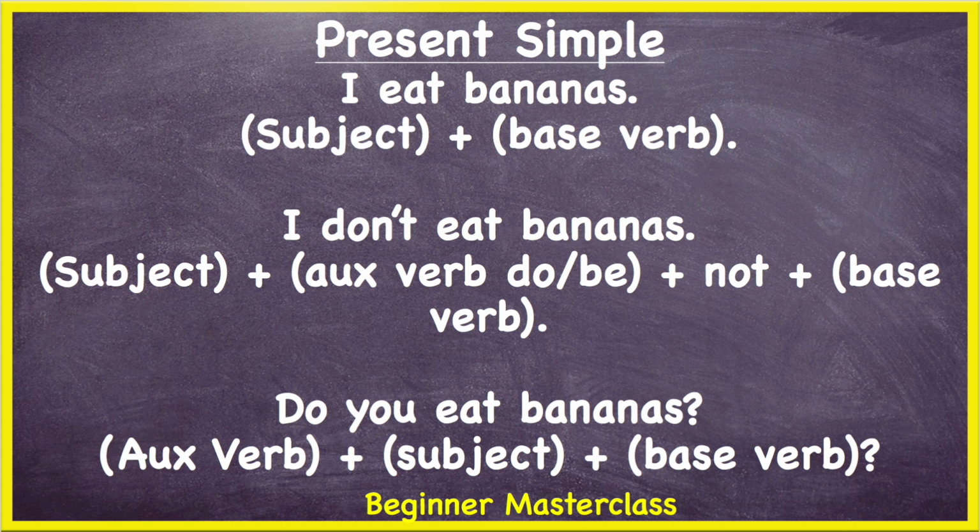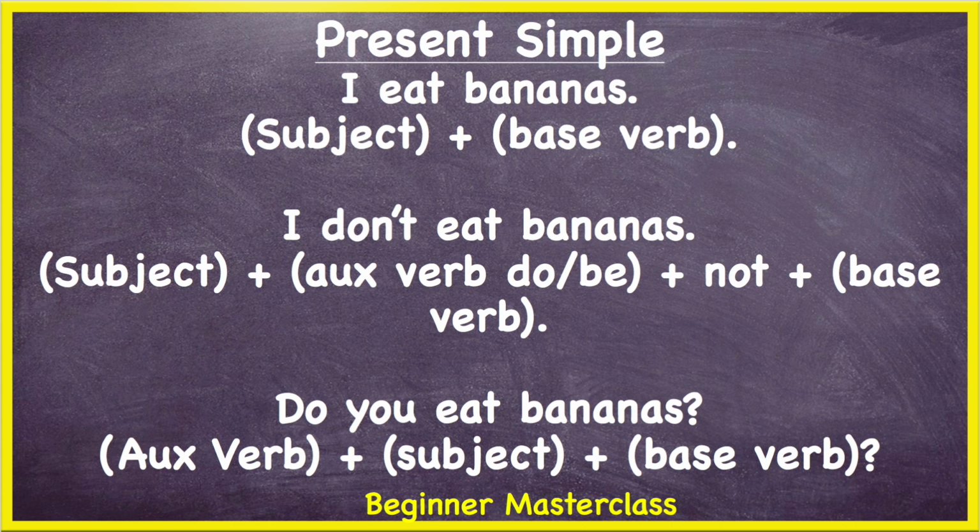It could be something like listen, for example, and you could just say, I listen. Or you could just say, I eat, right? So, I don't eat bananas. This is subject plus the auxiliary verb like do or be plus not plus base verb.